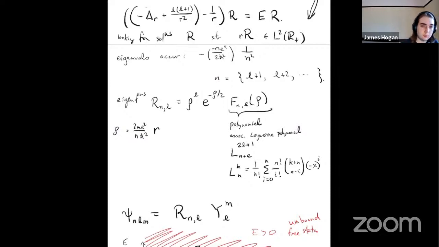Somehow it's not allowing me to do what I need to do, so I'm going to have to take a photo with my phone.